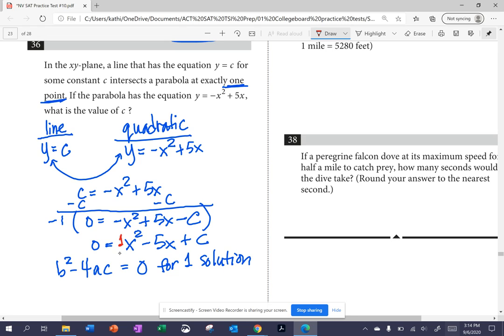So a is 1, b is negative 5, and c is c. So substituting in, this is negative 5 quantity squared minus 4 times 1 times c, this equals 0.